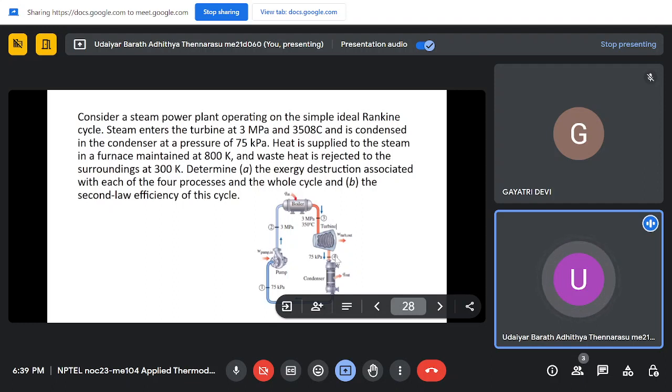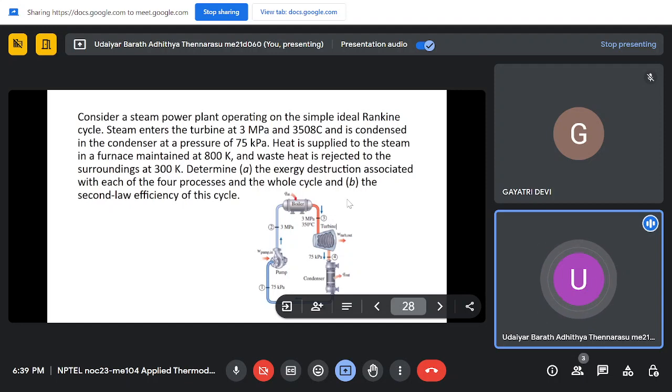So you can find the dryness fraction and enthalpy here for 75 kilopascal pressure, and then we can find state 1, which will be at saturated liquid condition, this being an ideal Rankine cycle. Then we can use the specific volume at state 1 to find state 2 and the enthalpy at state 2, and we know all the 4 enthalpies.